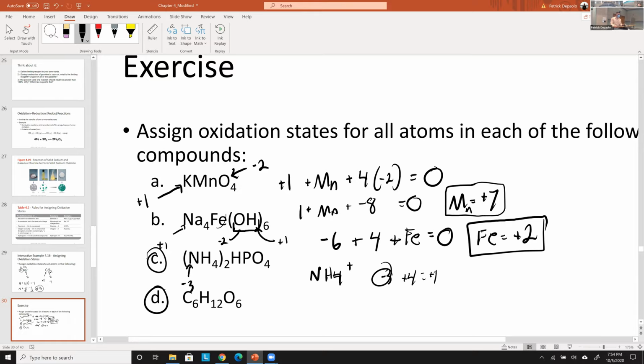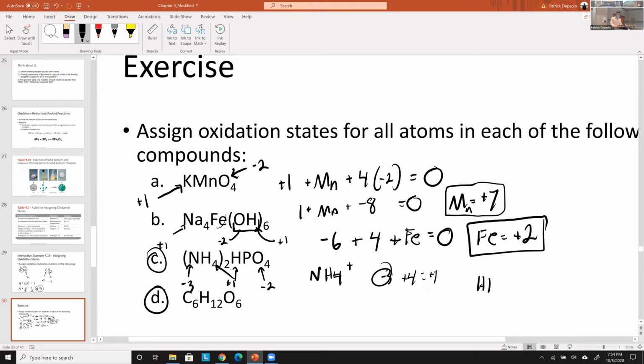So that's one way you can get nitrogen as -3, by looking at it that way. And also we know, obviously, that oxygen is -2, all the hydrogens are +1, and the only thing we have left over is phosphorus. Now that we have nitrogen, you can look at the whole compound of ammonium, this is called ammonium hydrogen phosphate. Or you can look at hydrogen phosphate individually and know it has a -2 charge.